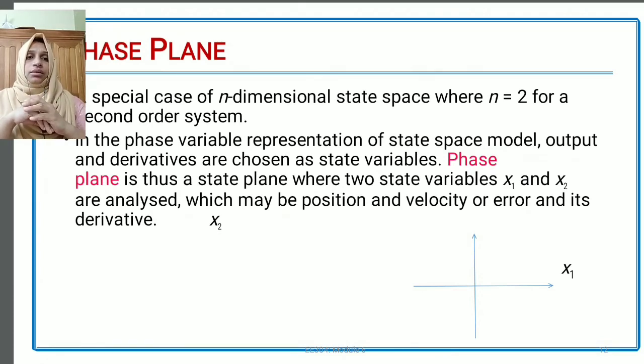So in this phase plane, we can draw the phase trajectories. Phase trajectory means it is the locus of the x1, x2 point. So we can draw as many phase trajectories as the initial values of the state variables. That is, for different initial states, we can draw many trajectories.